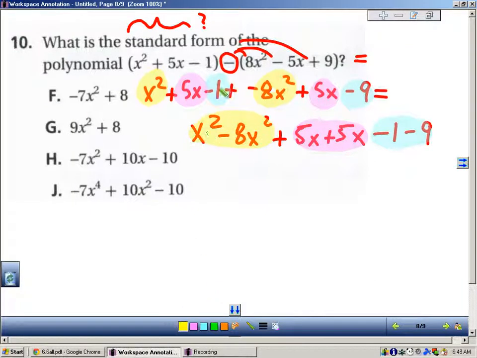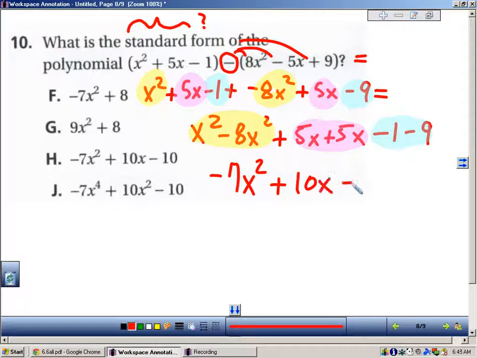Good. Just regroup them. And that's our answer. So, looks like the answer is H.